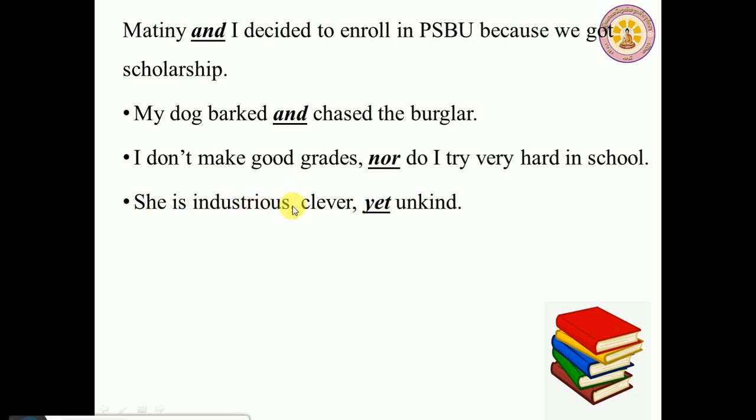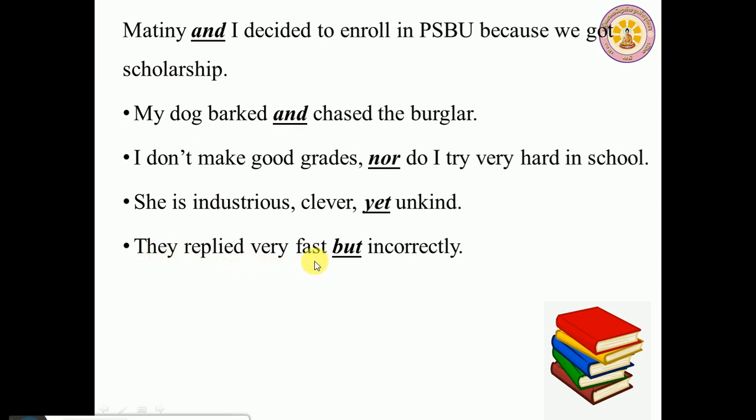If the adjective before yet is positive, the word after yet will be negative. Here clever is a positive adjective, and unkind is a negative meaning. Clever yet unkind, so unkind is the opposite meaning.